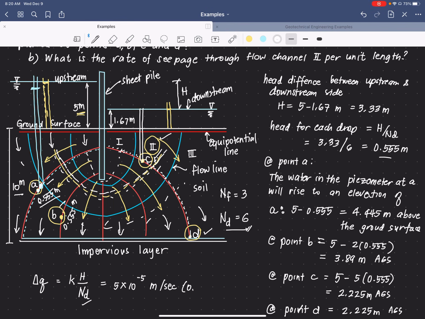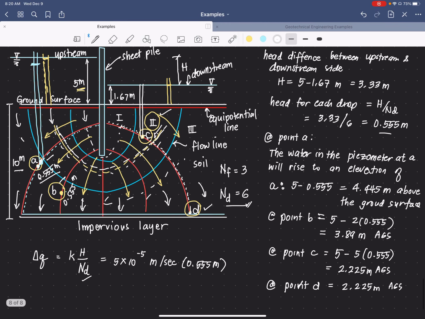So we can just multiply this by 0.555, in meters. Therefore, our rate of seepage would be 2.775 times 10 raised to negative 5, in cubic meters per second per unit length.